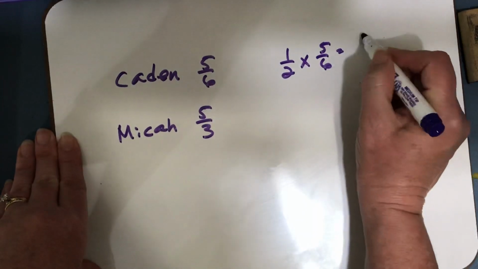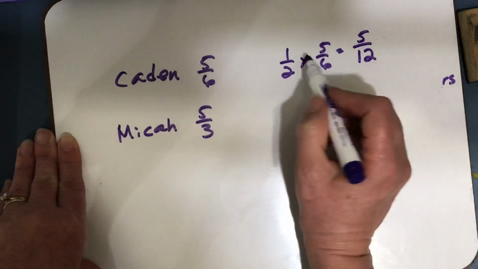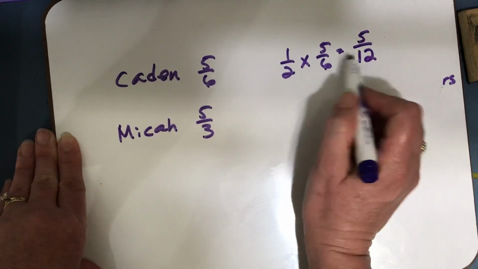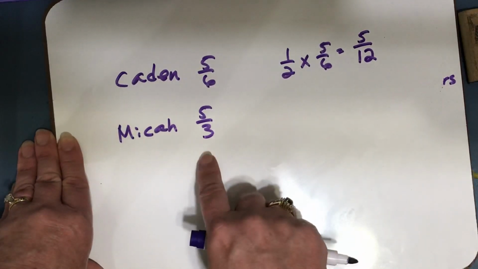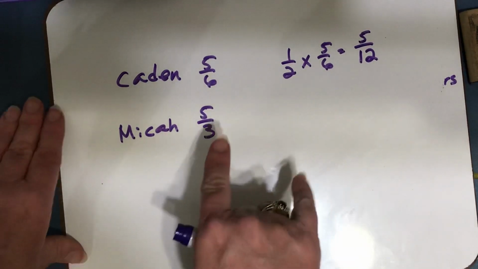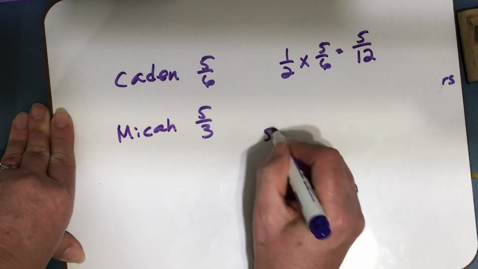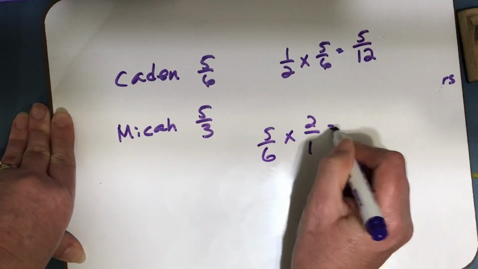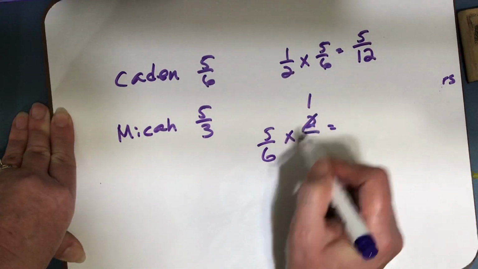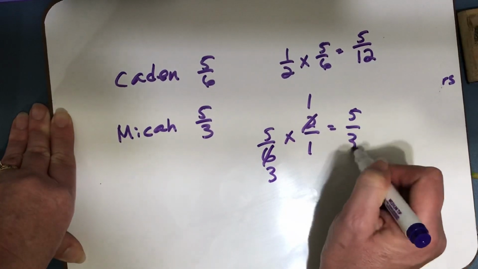Well, I can see right away that it does not equal 5/3. It equals 5/12. Because 1 times 5 is 5. 2 times 6 is 12. 5/12, which is not 5/3. But actually, if I were to multiply Caden's time by 2 instead of 1/2, 2/1, simplify, dividing by 2, I would see that that equals 5/3.